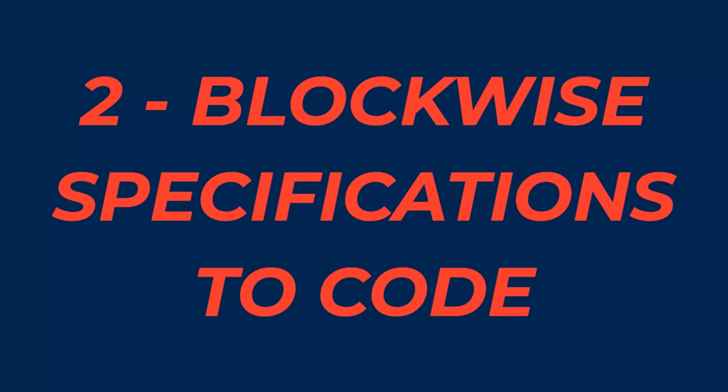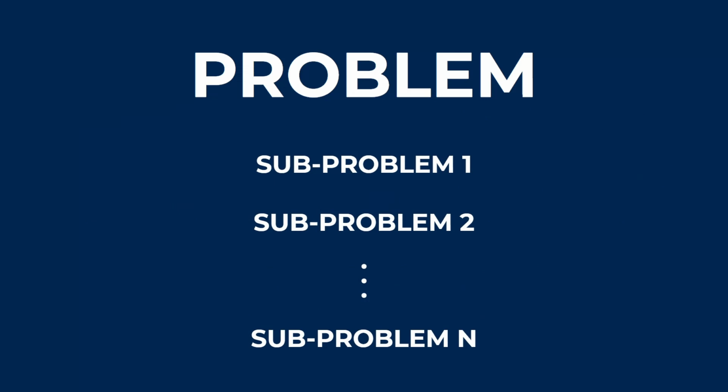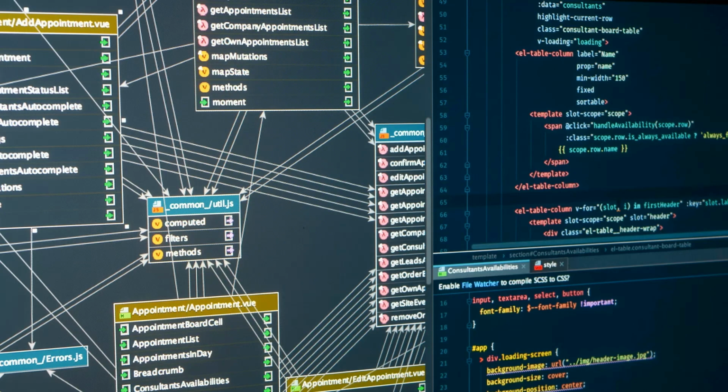Then the second one is the blockwise specifications to code. This blockwise means that you actually have blocks, which means that you have a problem and you split that problem into sub problems. And this modularity, in my opinion, has also pros and cons. It depends on the context.